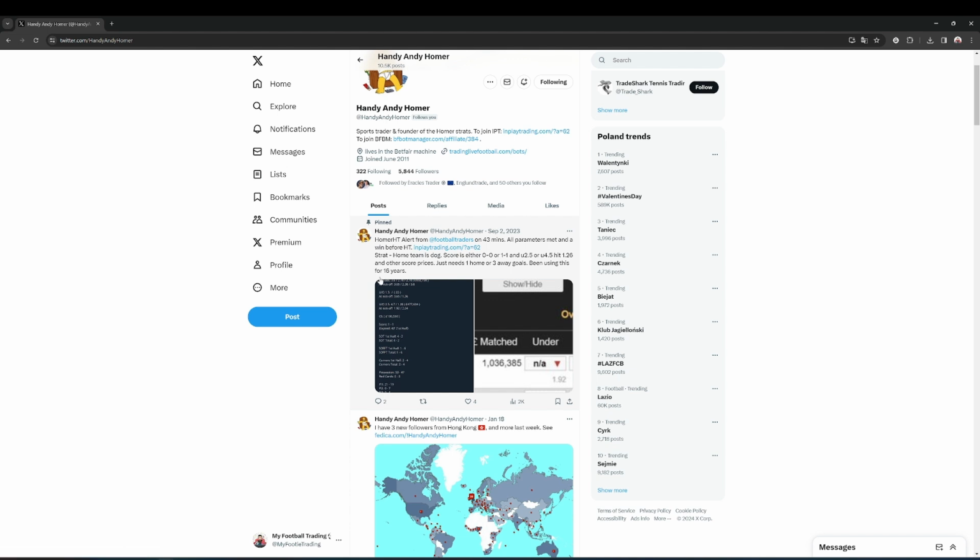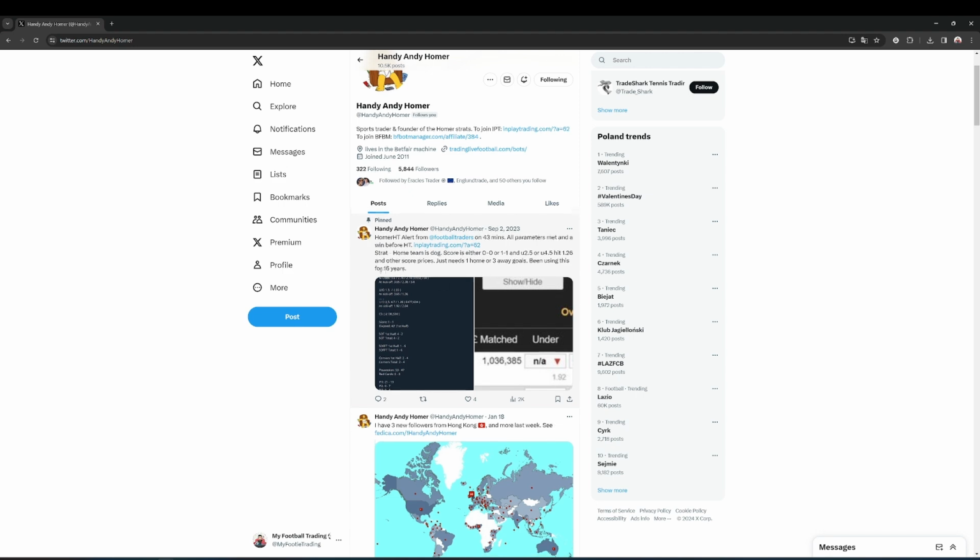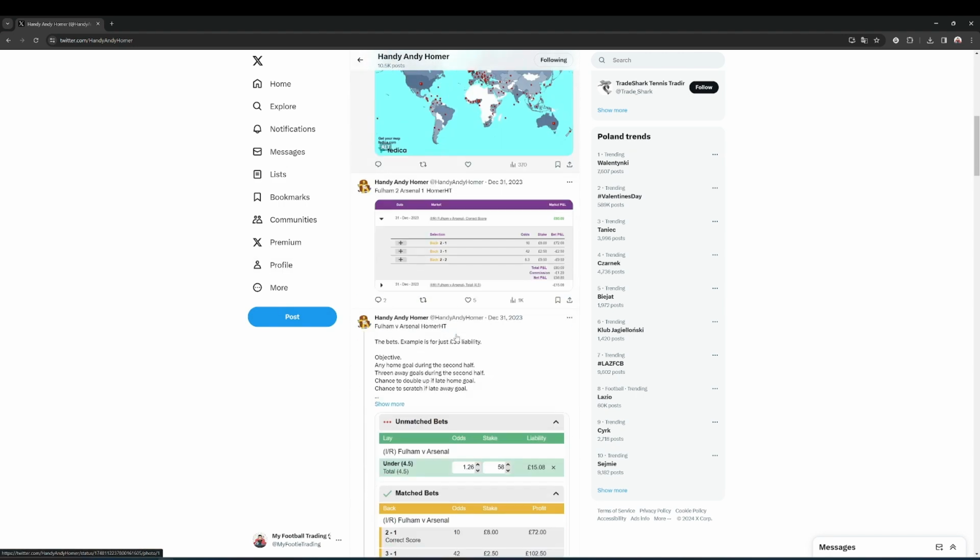And he's also saying that he's been using this for 16 years. And the beauty of this strategy is that you just need one home goal in the second half. That's all you need to be profitable, or 3 away goals, or there is something else which I will talk about in a second.